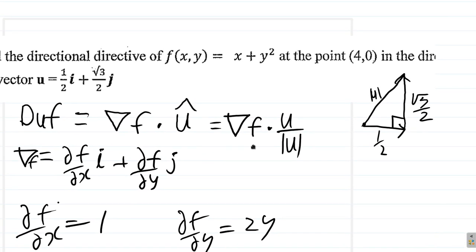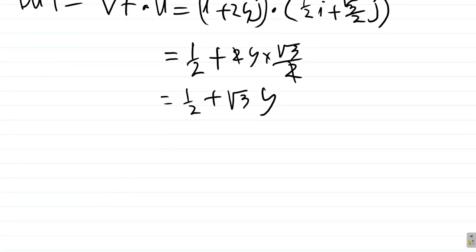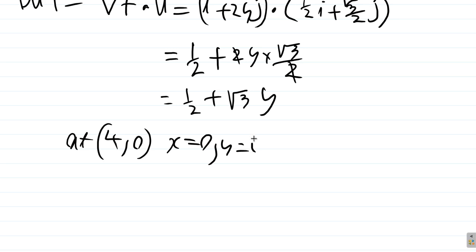Now let's say at the point (4, 0). x is 4 and y is 0. We don't have any x, so we don't have to worry about that, only y.